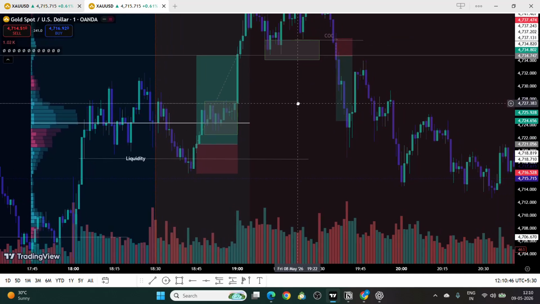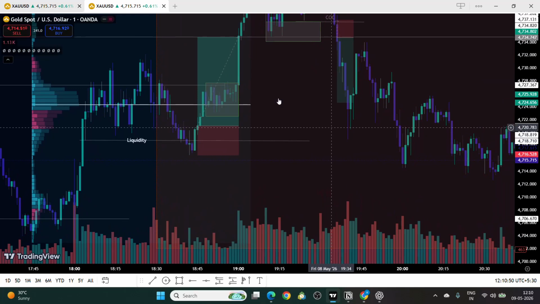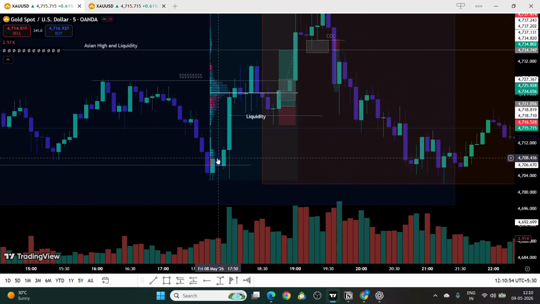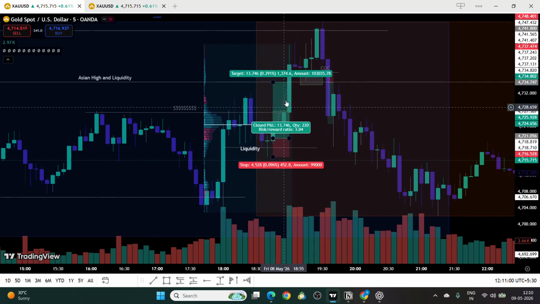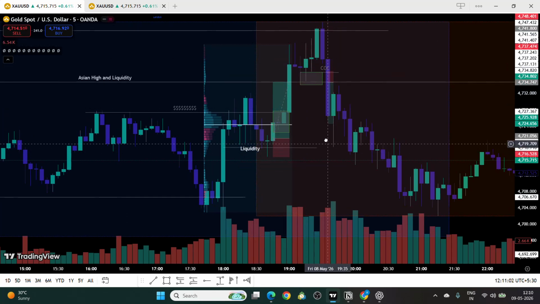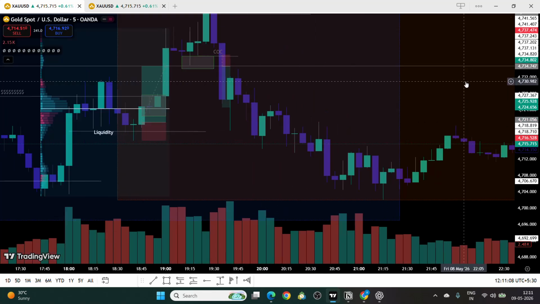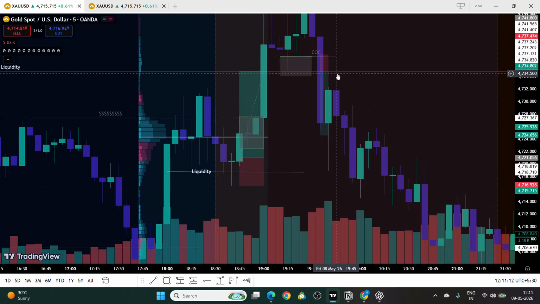One more entry we can take here using the 5 minutes time frame, because everything is accumulated over this time frame. It will definitely distribute, and sellers have taken control, and this is acting as a resistance.